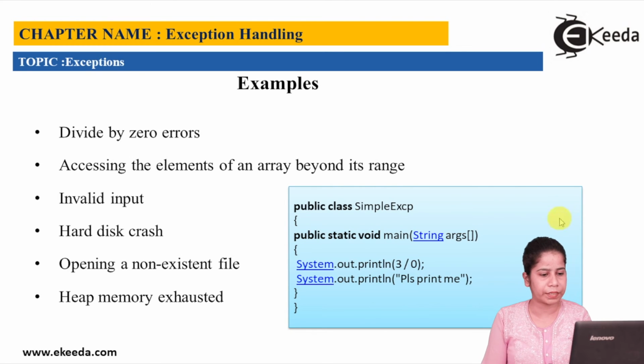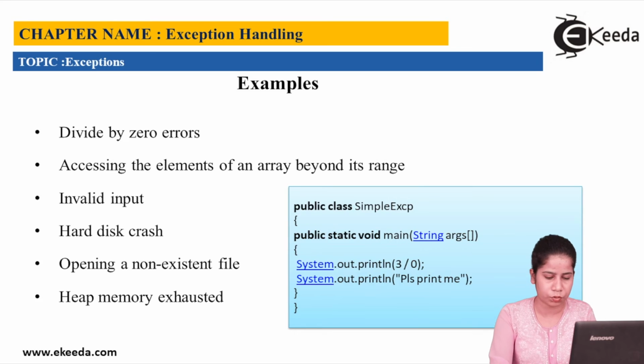Here I have an example also. Public class SimpleExep, with the main method, and here I have System.out.println of 3 divided by 0, which will give you an exception. That means the lines after this statement will not get executed. Whenever an exception occurs, all the code after that will never get executed.